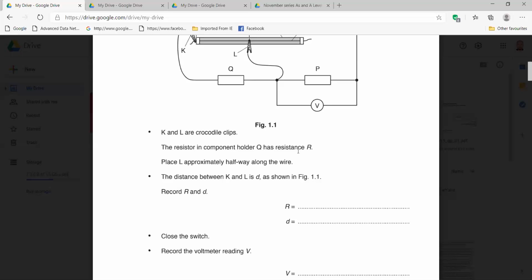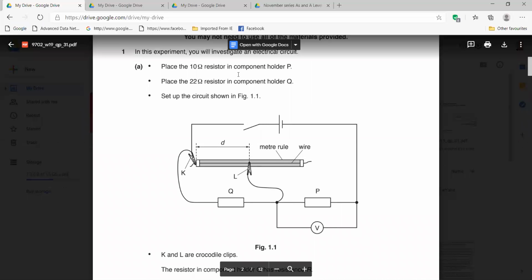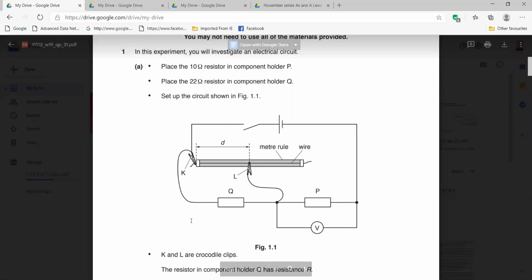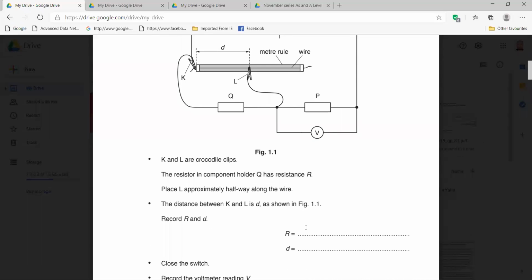The resistor has the resistance R. At the beginning, they told that in component holder Q we have 22 ohms. So in the place of R, what will we write? Can you tell me what we will write for R?